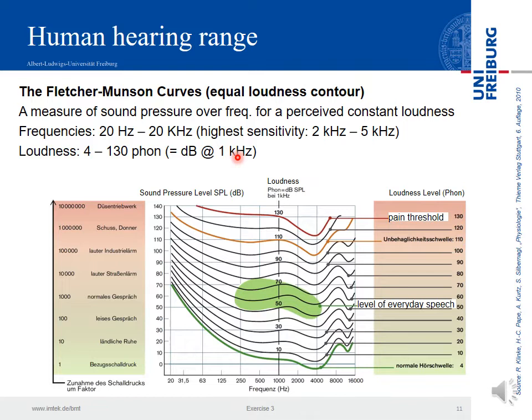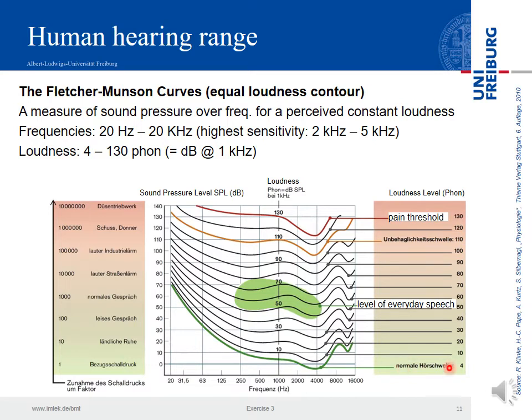So if you go to old units, this is a very old unit here, and being in the youth, we are able to discriminate frequencies between 20 hertz and 20 kilohertz, with highest sensitivity in the mid kilohertz range. The older you get, the lower that upper limit of perception of sound gets.